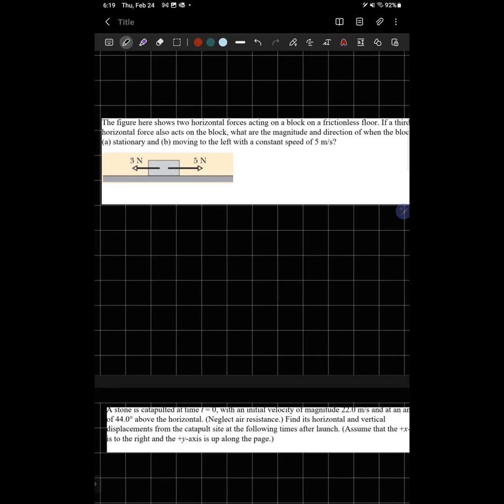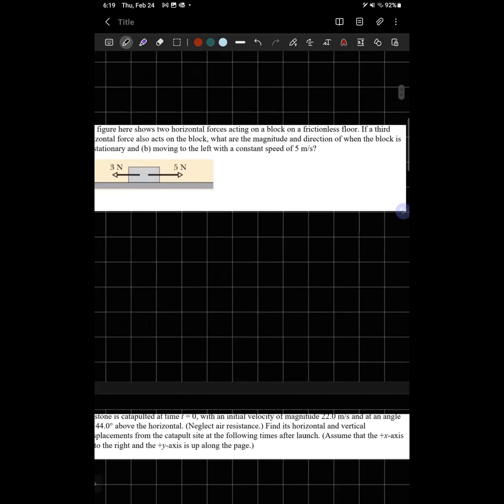Okay, so there's no acceleration on it, right? I'm sorry, one more time. There's no acceleration on it? No. So then you start out with your free body diagram. Okay.